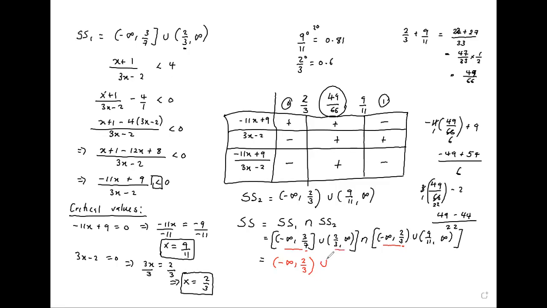Then you use union now. Between this piece and that piece, between 2 over 3 here and 9 over 11 there, get the biggest. And we just say that the biggest is 9 over 11. And then between infinity and infinity, get the smallest. Now the two are the same.